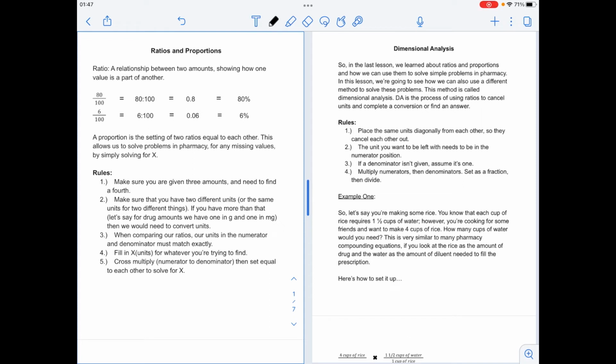Second rule is the unit that you want to be left with needs to be in the numerator position. And I'll show you that in a second. Rule 3, if a denominator isn't given, assume it's 1. And rule 4, multiply numerators and then denominators, set as a fraction, and then divide.